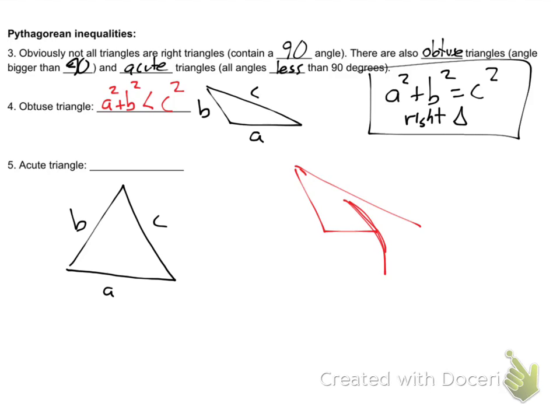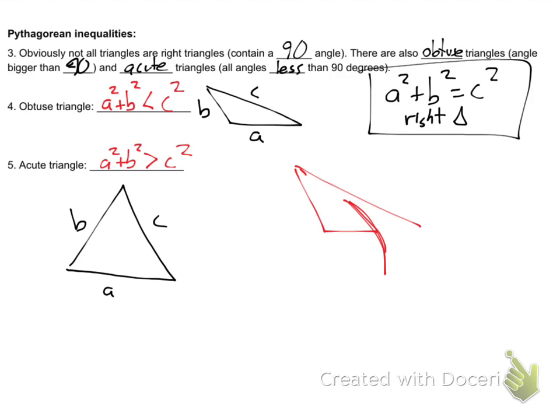So when it's an acute triangle, you still have A squared plus B squared, and you still have C squared. But using this Pythagorean theorem would almost seem like the sides are too long.